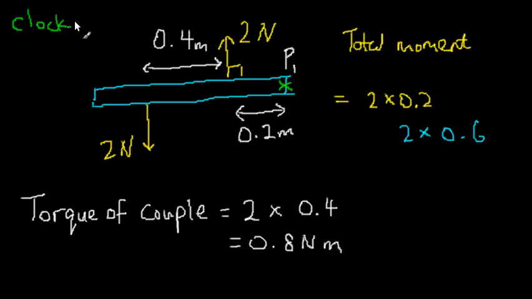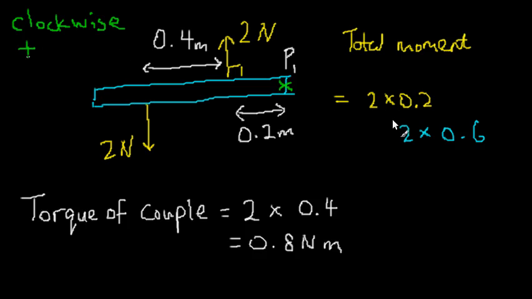Like motion in a straight line, it doesn't matter which direction you choose to be positive, as long as you stick to it in your calculations. So I'm going to choose clockwise to be the positive direction. So anti-clockwise will be negative.